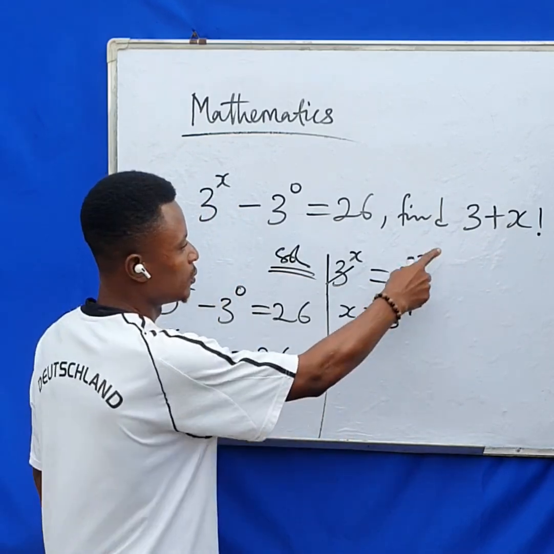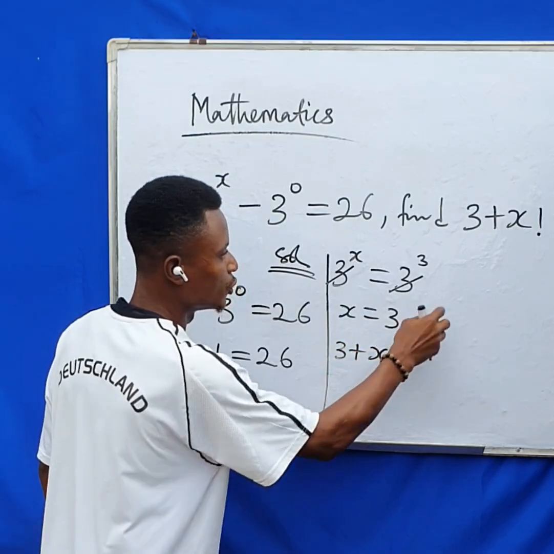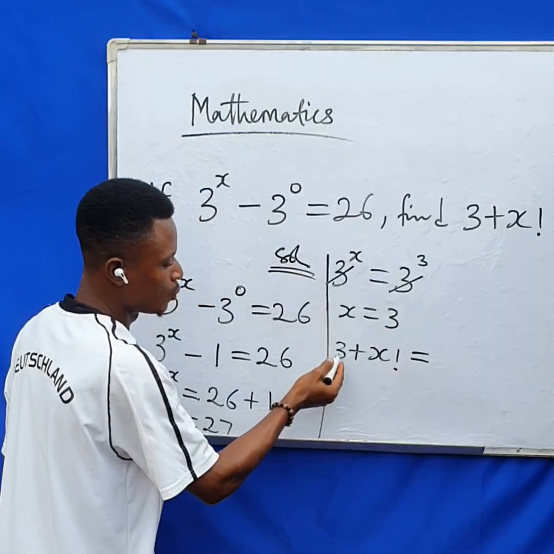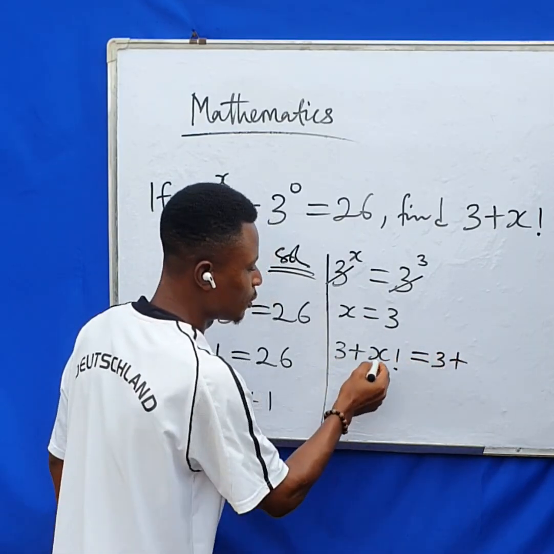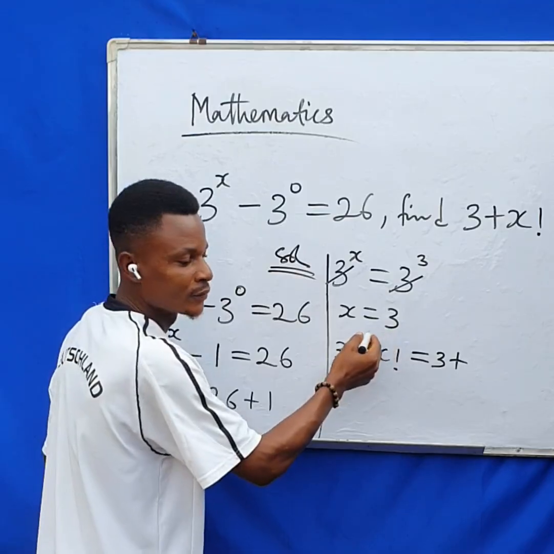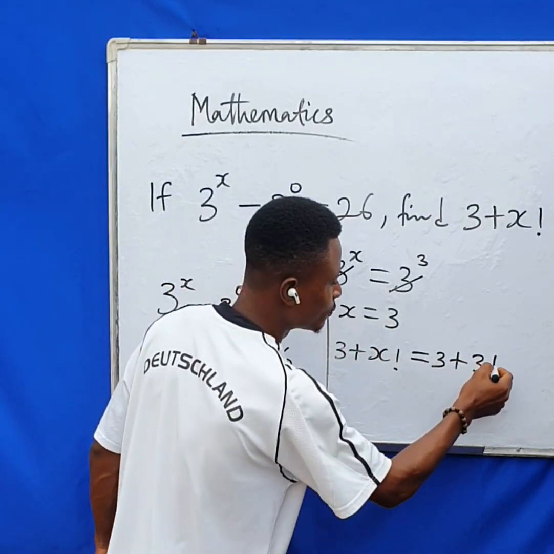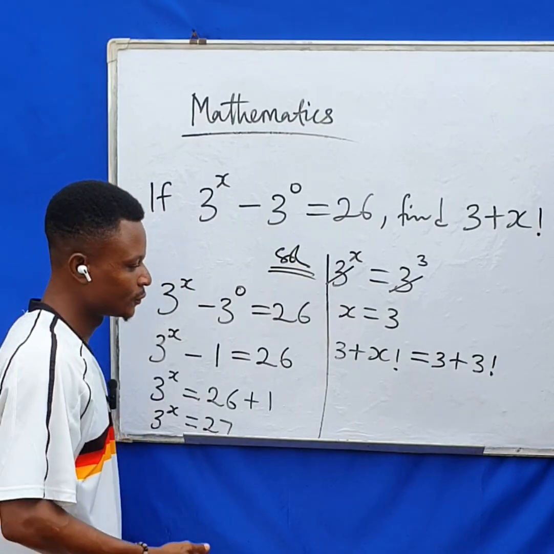You understand? We have 3 plus x factorial, which is what they asked us to find, is equal to, now bring down the 3, then plus, in place of the x, we put what? 3, of 3 factorial. What is the meaning of 3 factorial?